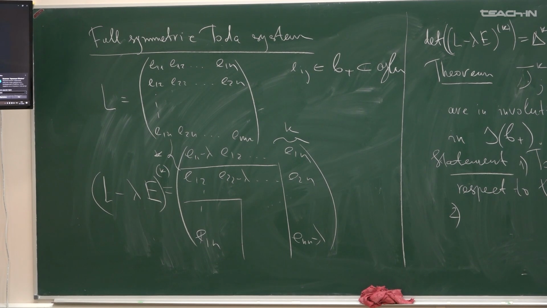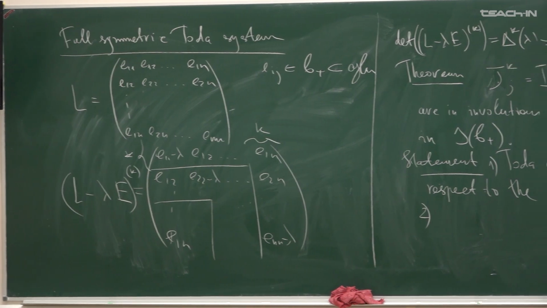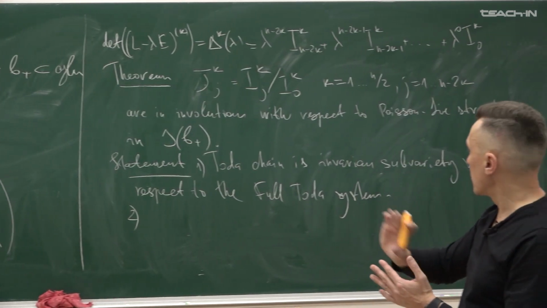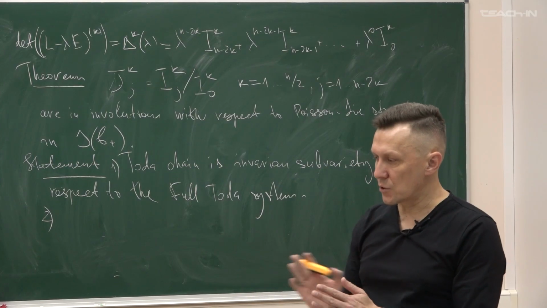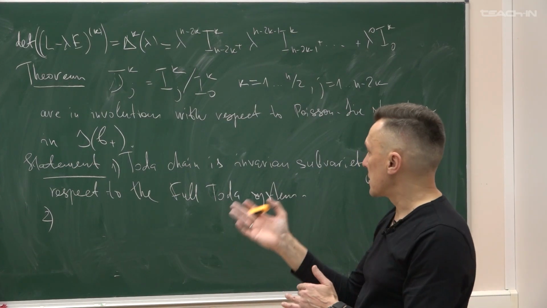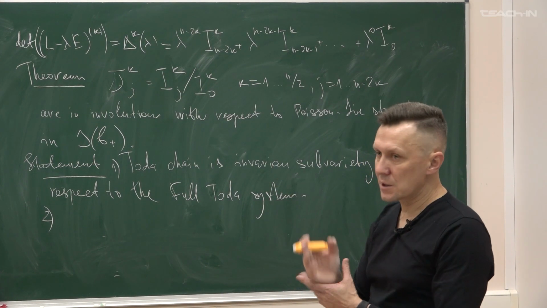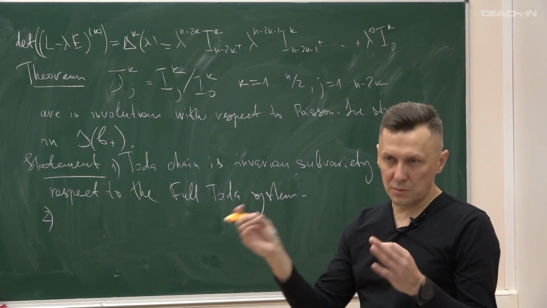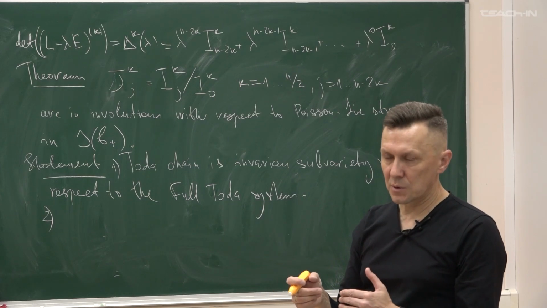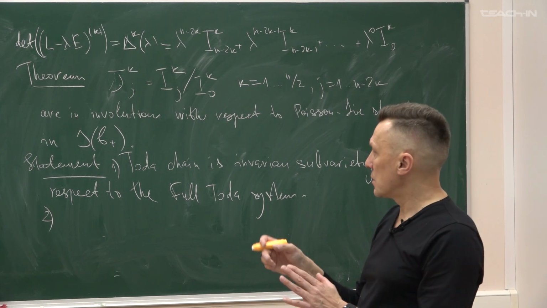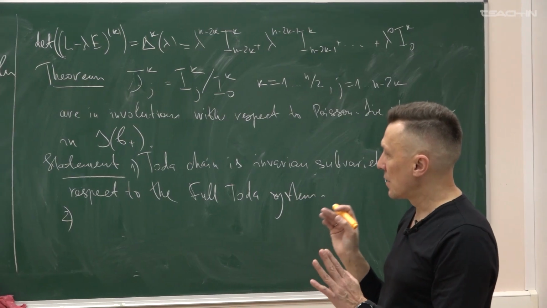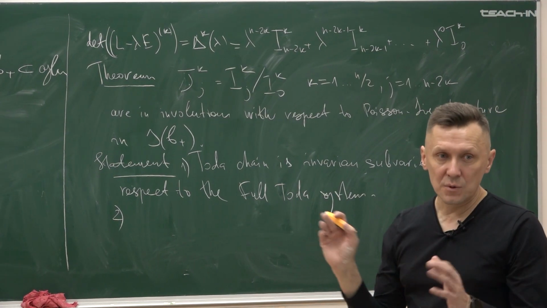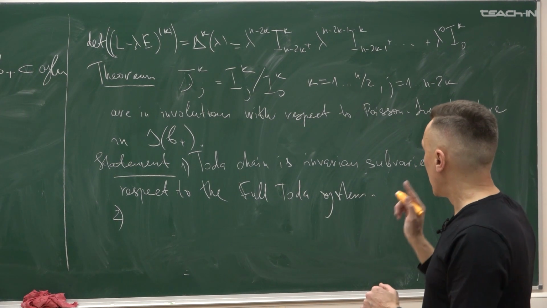So the Poisson bracket is closed on this subspace. And so the flows of the full symmetric Toda system preserve the subspace. And some of these flows are just the Hamiltonian flows of the initial Toda system. So it's a good subspace in the phase space of the full symmetric Toda system.